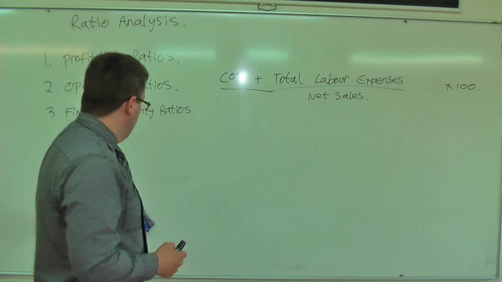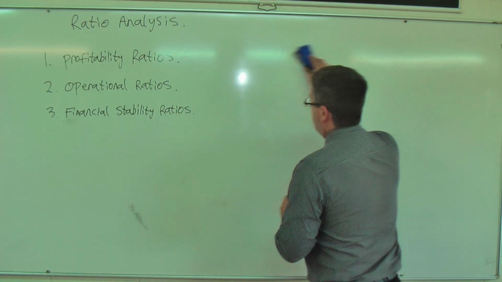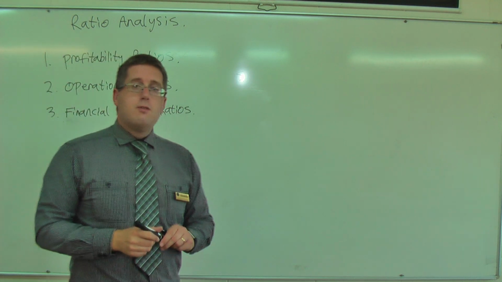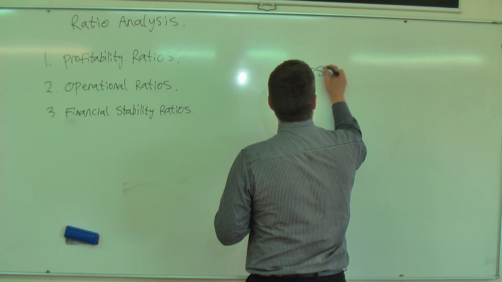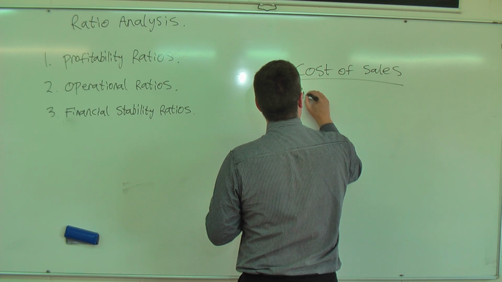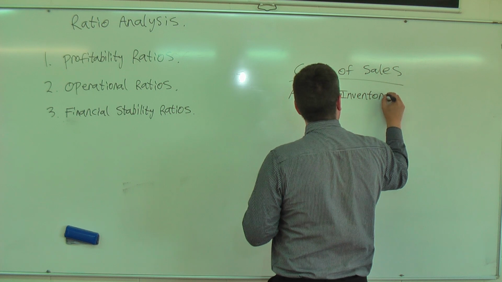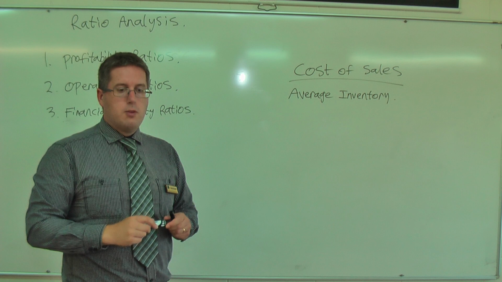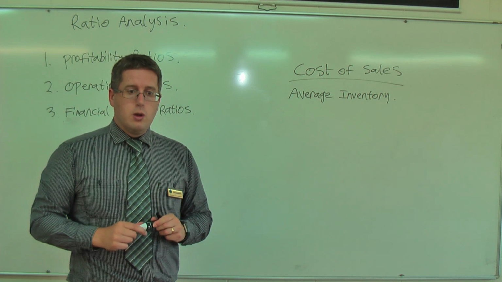Okay, the next two are related to inventory. And they're not percentages. The next one is the inventory turnover ratio. So we have cost of sales divided by the average inventory.